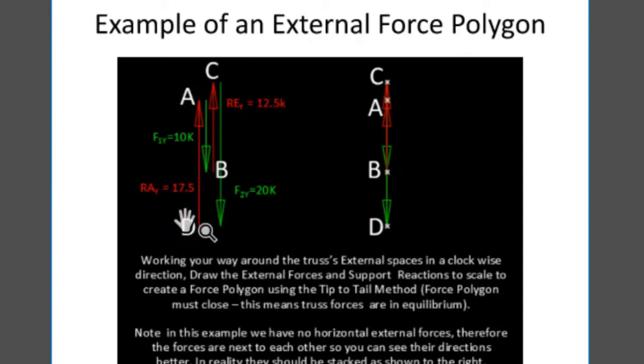So again, if we were to begin from the external forces moving in a clockwise direction, we begin at point A, where we have force RAY, which goes from space D to space A, and then we move on to force F1Y, found between space A and space B. Next, we find force REY between space B and space C, and last, between space C and space D, we have force F2Y.